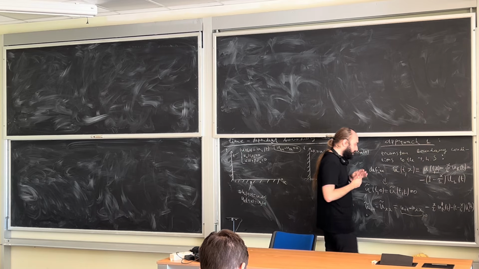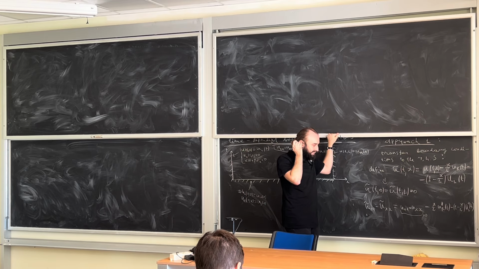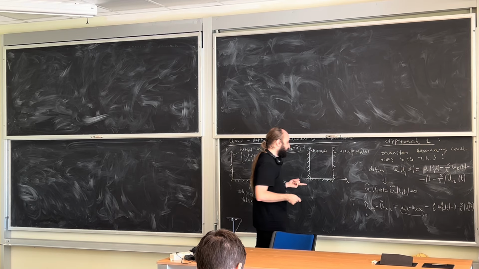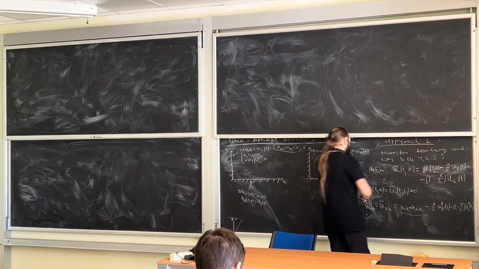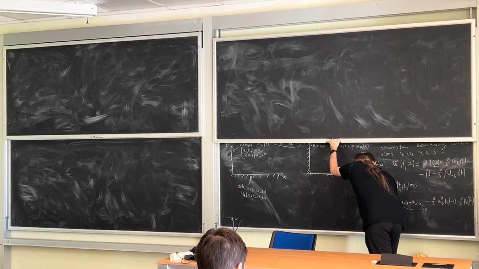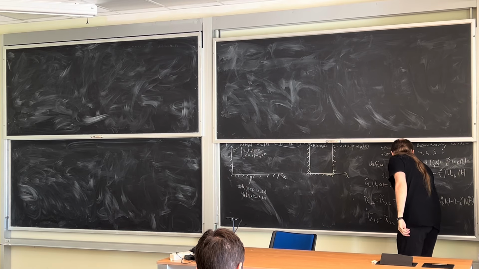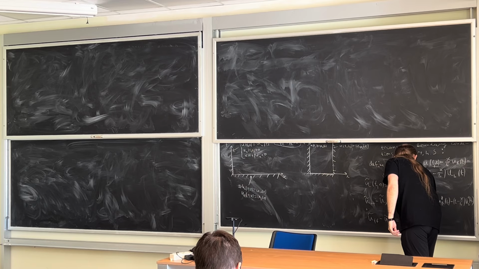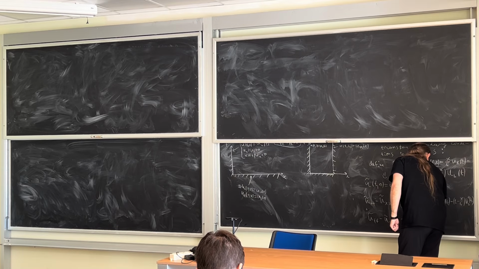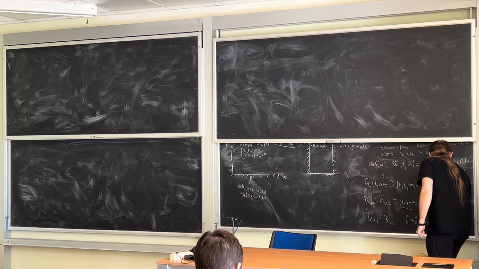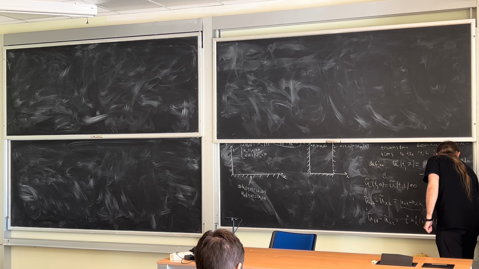So our equation has this form: u tilde_tt minus u tilde_xx equals minus x over L u_R prime of t minus (1 minus x over L) u_L prime of t.